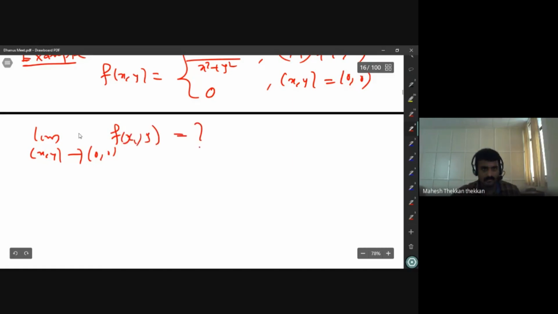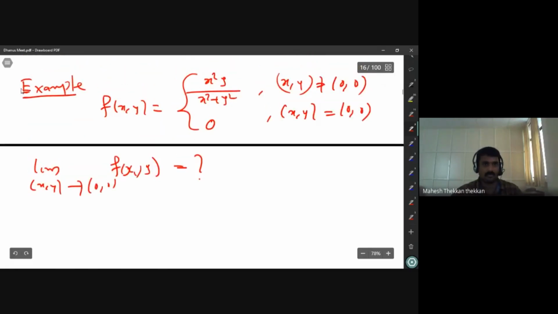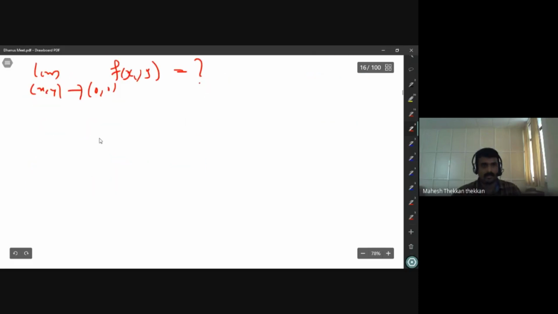This is the thing I want to find. What I am going to do is use the polar coordinates to convert this expression, so I will write f of r comma theta.